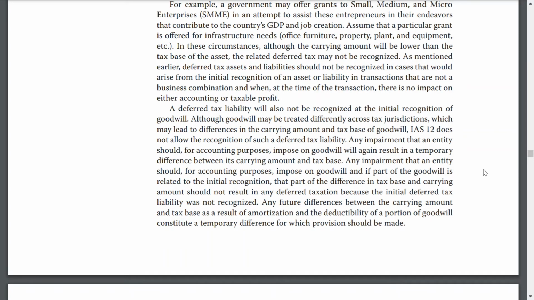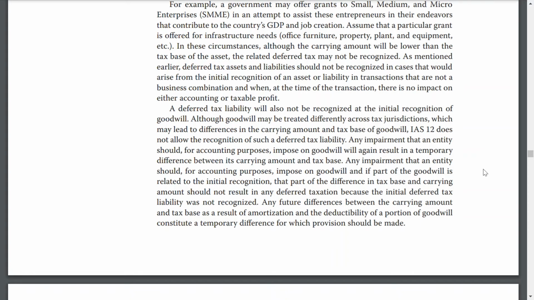An impairment that an entity should, for accounting purposes, impose on goodwill will again result in a temporary difference between its carrying amount and tax base. If part of the goodwill is related to the initial recognition, the difference in tax base and carrying amount should not result in any deferred taxation, because the initial deferred tax liability was not recognized.